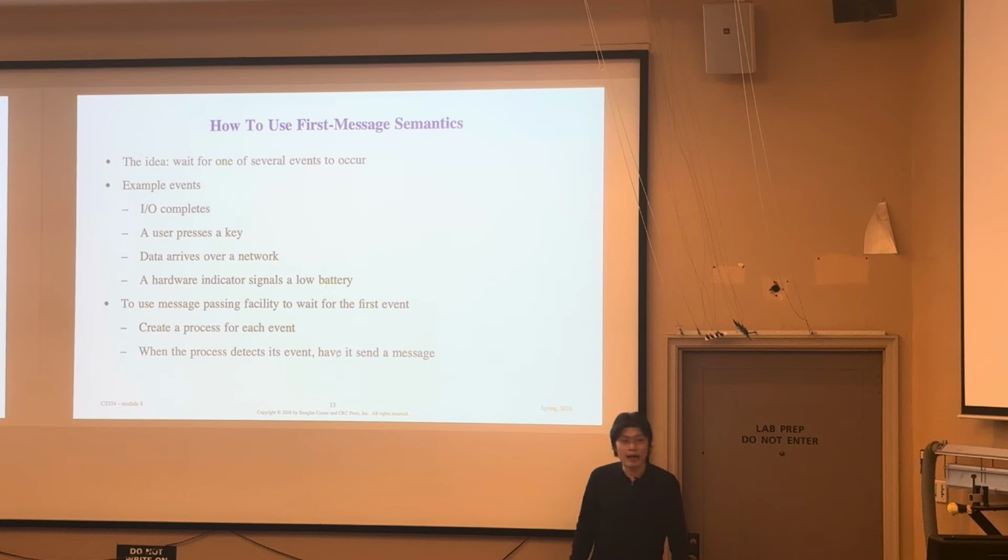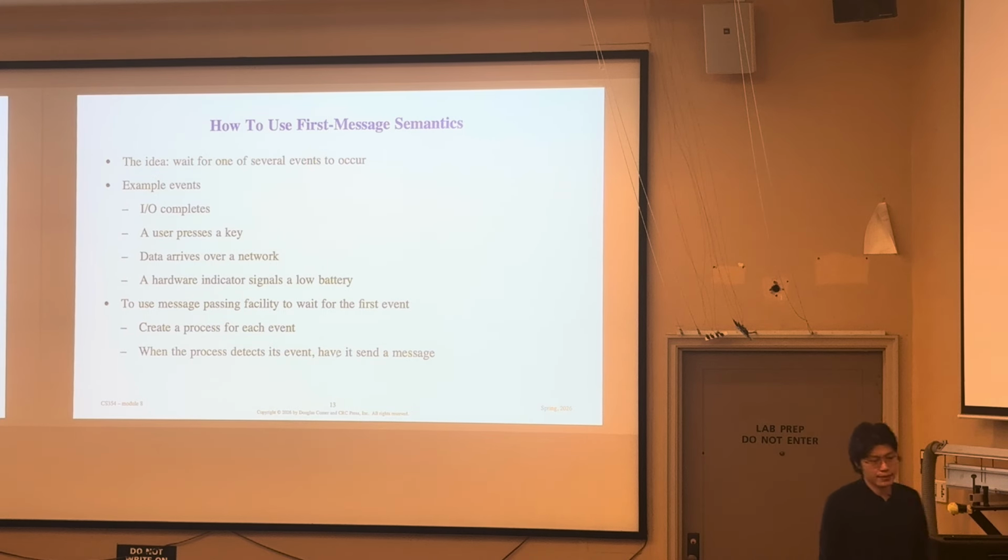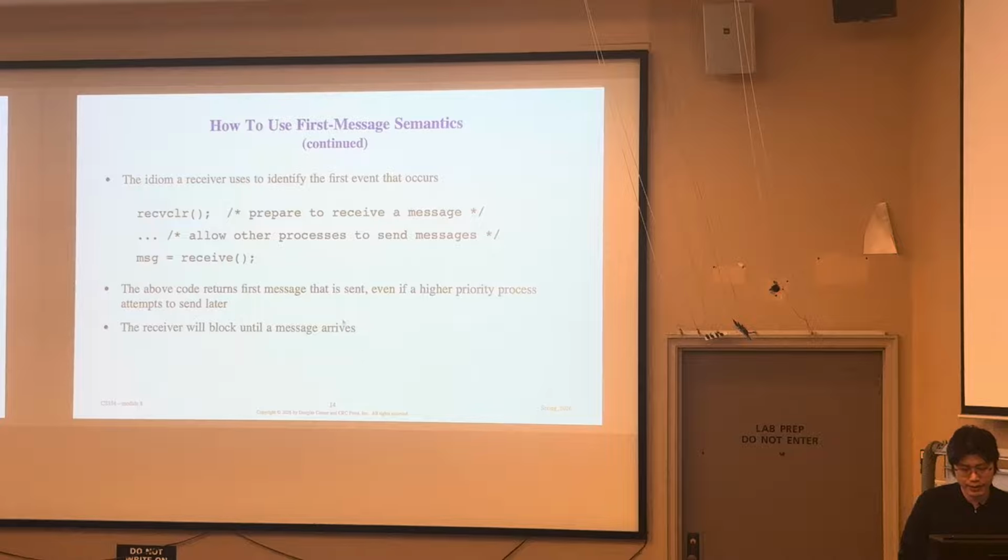Okay. All right. So when the process detects an event, it will send a message. The receiver uses this to identify the first event that occurs. It prepares to receive a message using receive control.